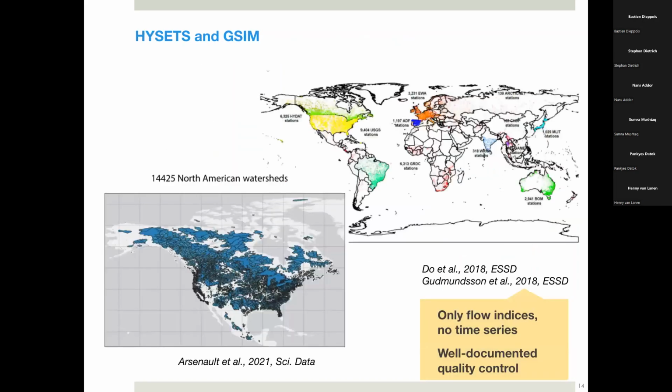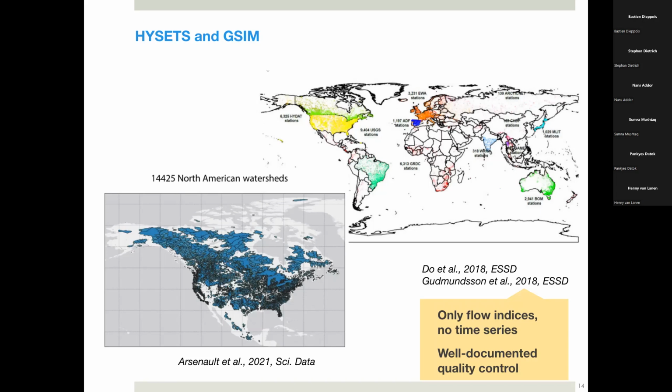So there were obviously other initiatives than the CAMELS data set, and I just would like to briefly highlight two data products that were released recently. One of them is HySets, and HySets is a really massive data set that covers North America and provides daily data for about 14,000 watersheds in North America. Another really important data set is GSIM, and GSIM was produced by Addor and Lukas Gudmundsson.